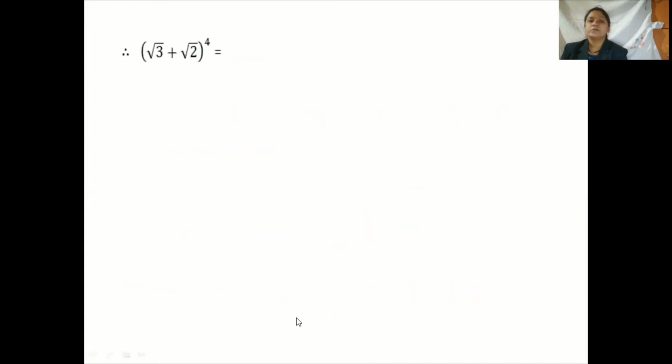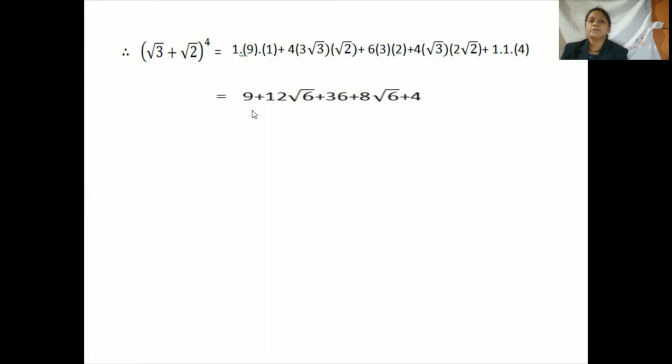Now next, (√3 + √2)^4 is equal to 9 into 1 + 4 · 3√3 · √2 + 6 · 3 · 2 + 4 · √3 · 2√2 + 1 · 1 · 4, is equal to 9 + 12√6 + 36 + 8√6 + 4, is equal to 9 + 36 + 4 is equal to 49, plus 12 + 8 is 20√6.